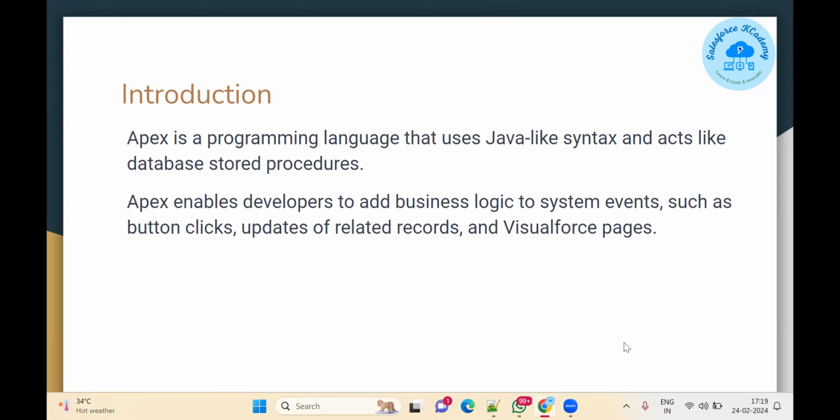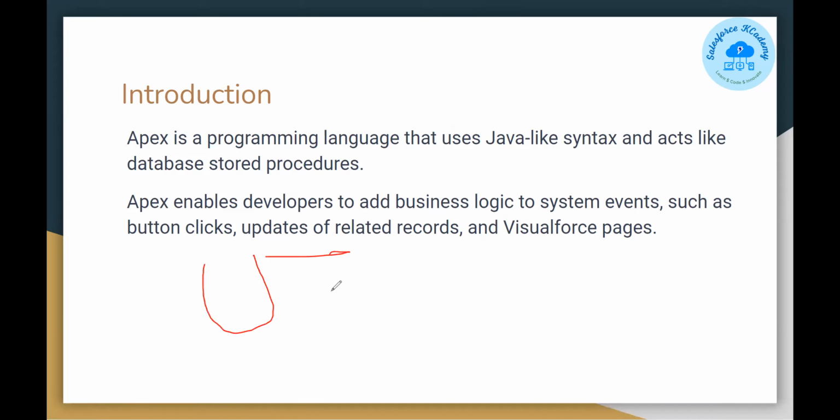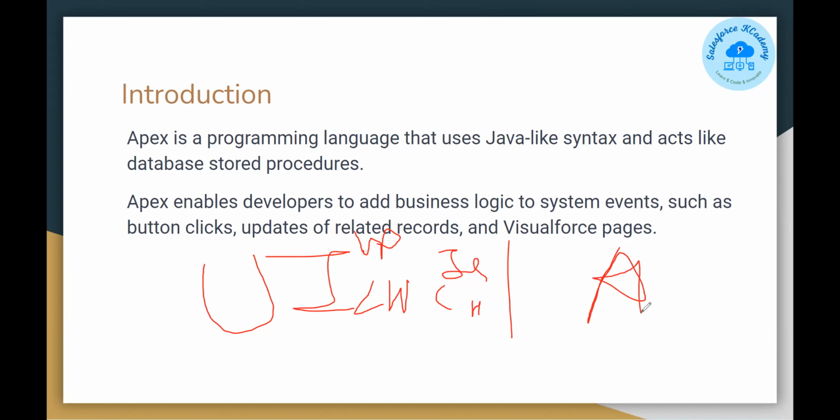In the UI we have VF pages and Lightning Web Components, which are written in JavaScript and HTML. In the backend we have Apex. A few logics that cannot be done in the front end can also be written in the backend, and we can connect the front end and the backend.